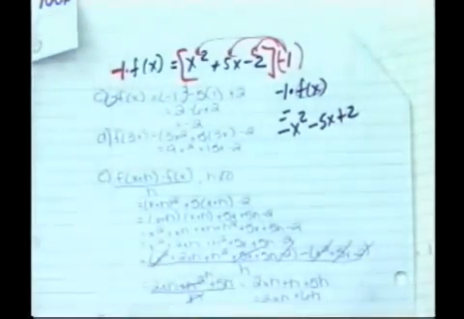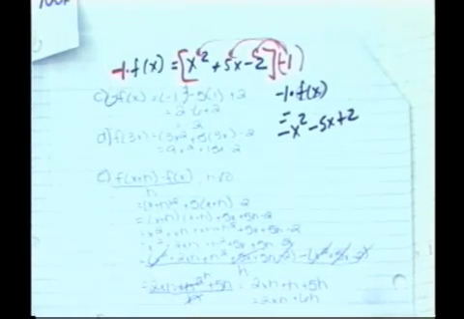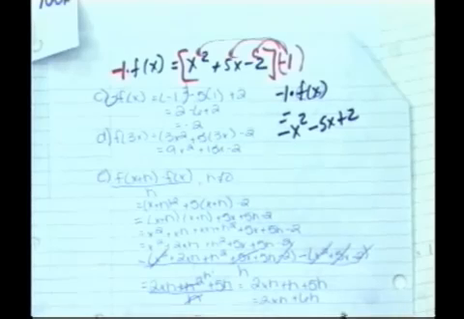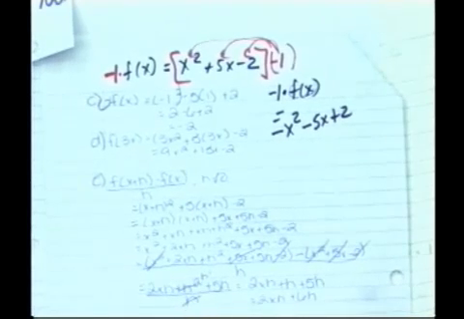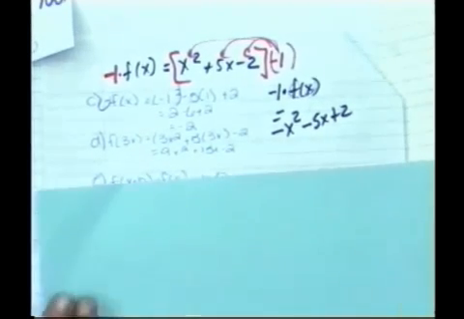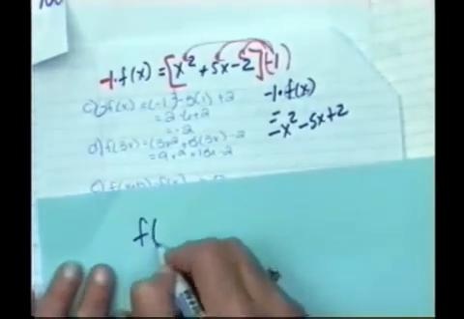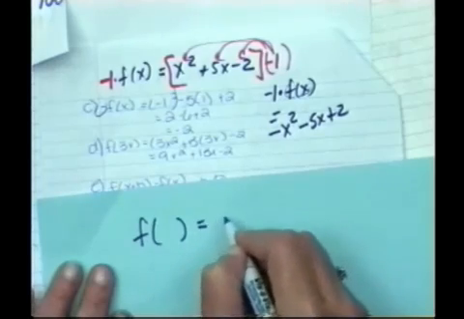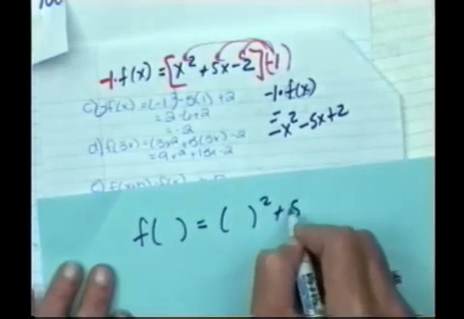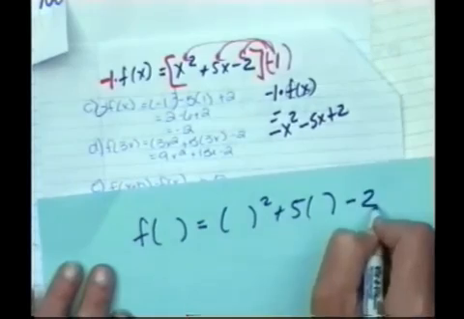Yes. Okay. All right, let's try f of 3x, and I think I'll take a blue sheet here because I'm about to make a mess on this paper. Remember that f of anything is anything squared plus 5 times the anything minus 2.